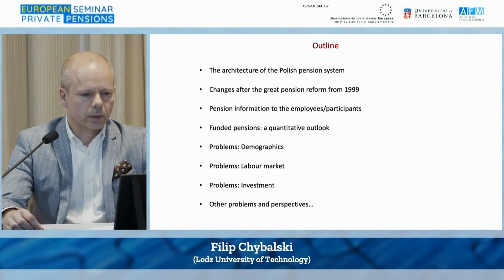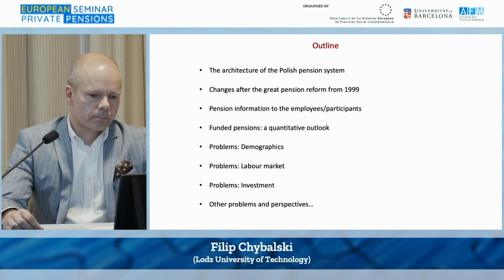I will start with the architecture of the system, then changes after the Great Pension Reform from 1999 will be briefly discussed. Pension information to the employees and participants, on the request of the organizers. It is one of these 4 points, as far as I remember.